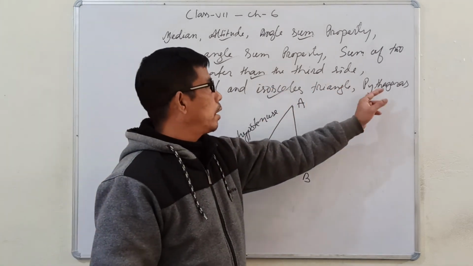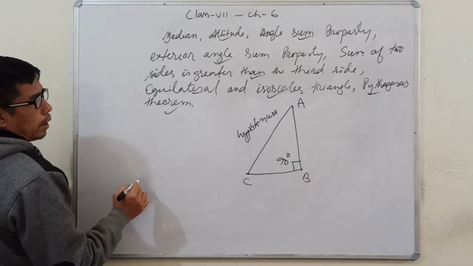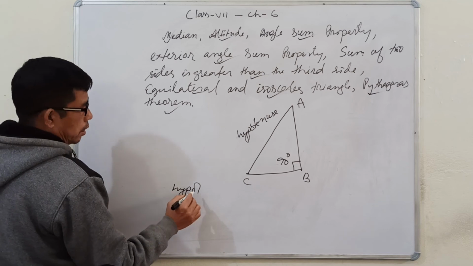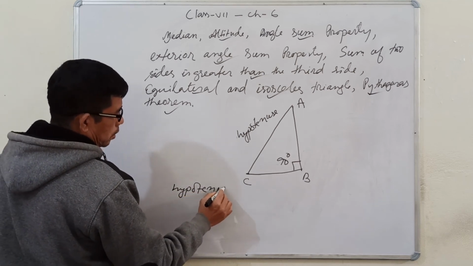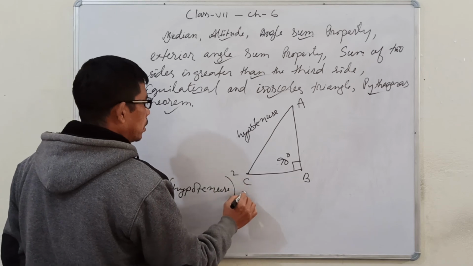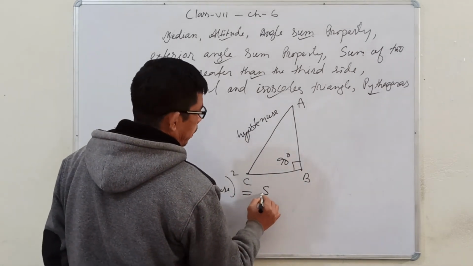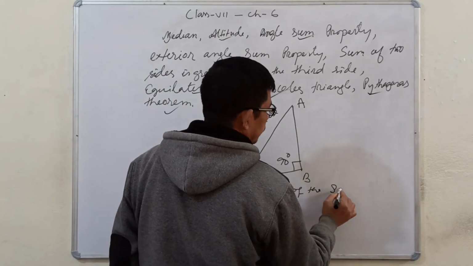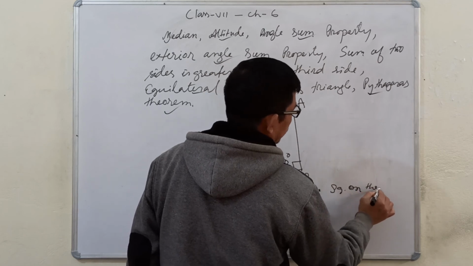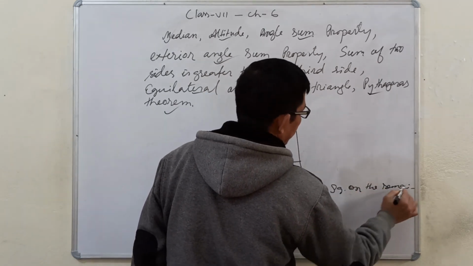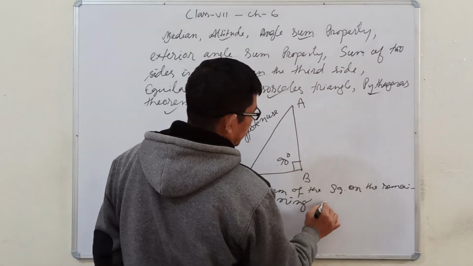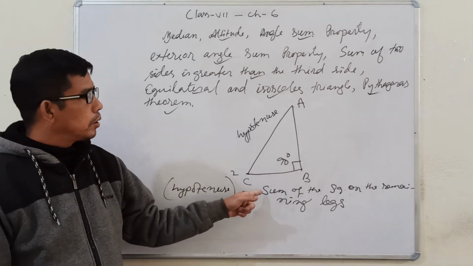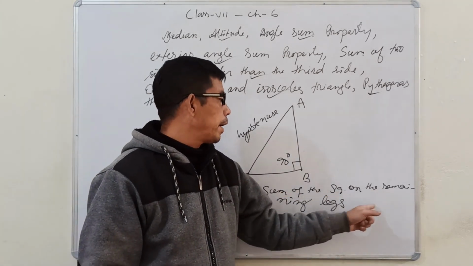The Pythagoras theorem states that the square on the hypotenuse is equal to the sum of the squares on the remaining legs.